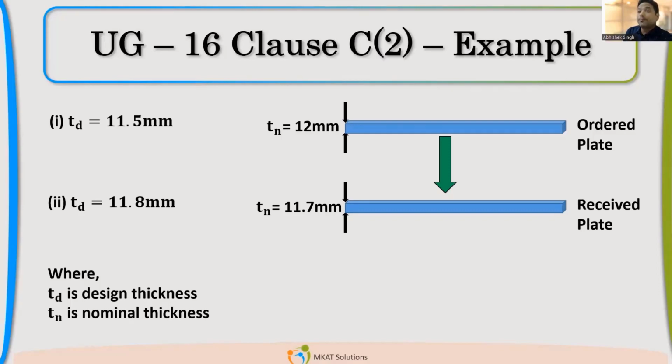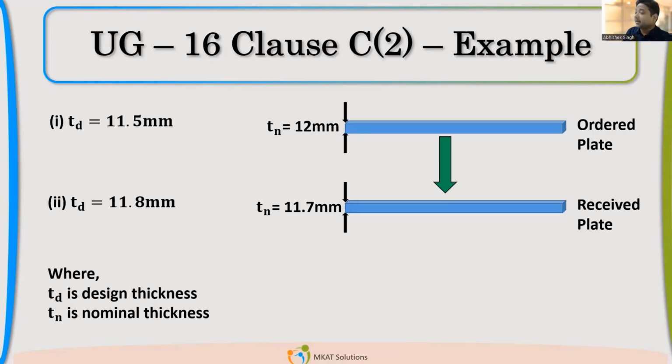Why am I not talking about the 6% of the design thickness here? Because even if I have a 6 mm plate, where 6 mm is my design thickness, what is 6% of 6 mm?